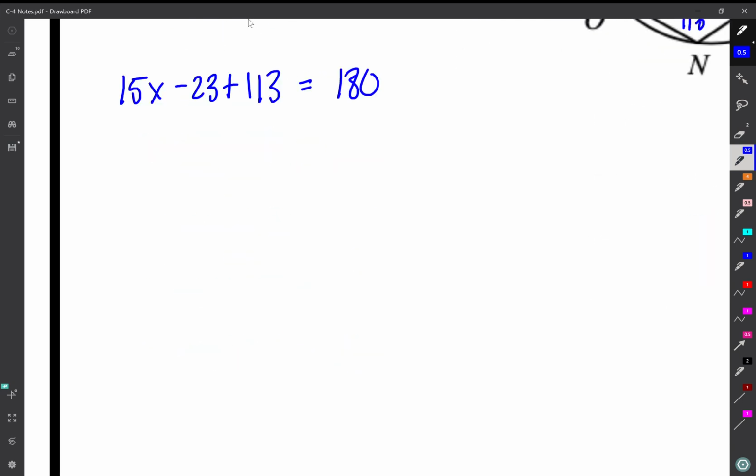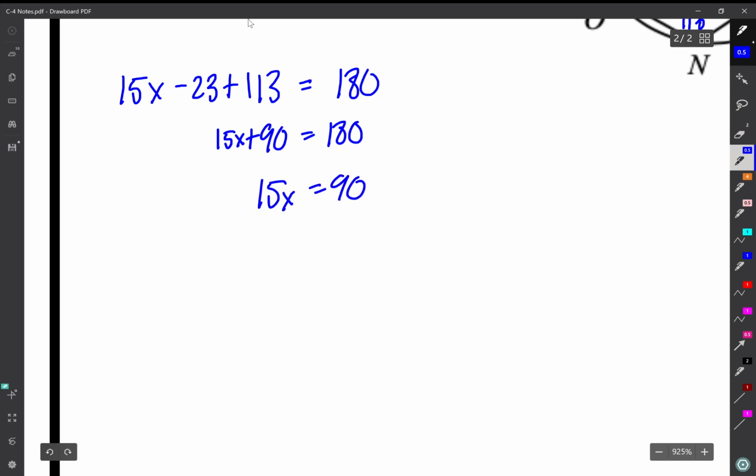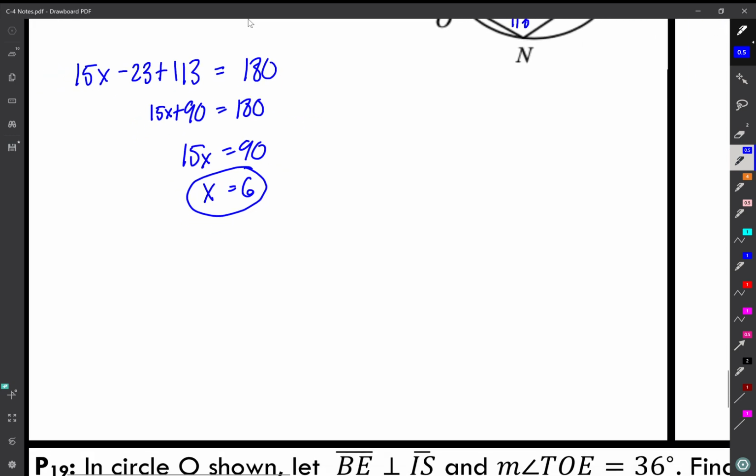Simplifying, we've got 15x plus 90 is equal to 180. Subtract 90, 15x is equal to 90. Dividing both sides by 15, you get x is equal to 6. Not 12, like it has in my notes, excuse me.